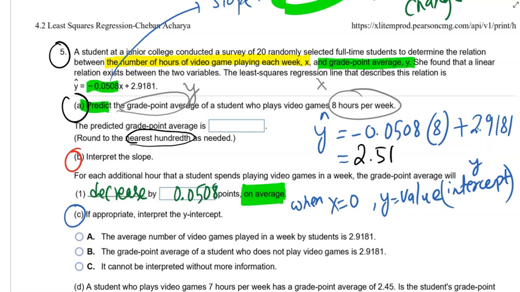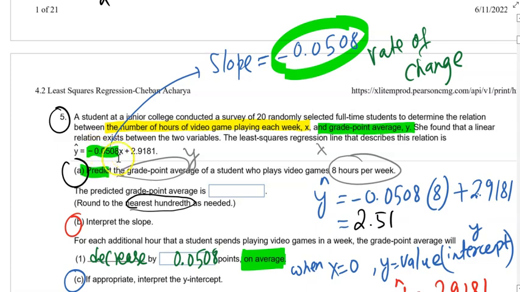Now, if you think about that, if x equals 0, if you put 0 for x, what's the y hat going to be? Y hat equals 2.9181, right? Look at it. If you put x equals 0, you get this number, which is the y-intercept. Obviously, this number is the y-intercept, and this number is the slope.